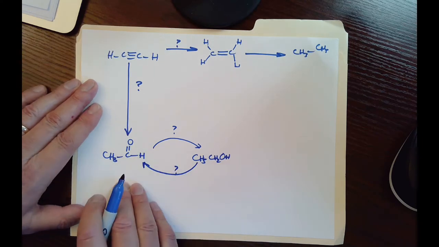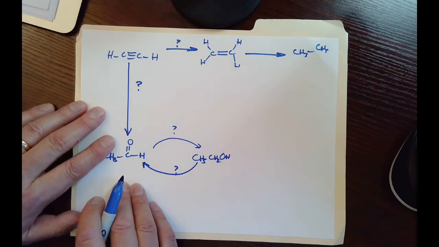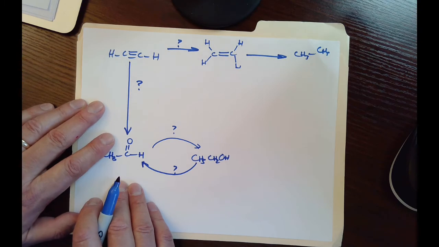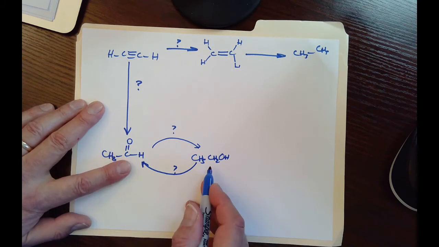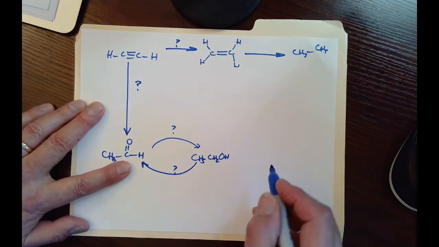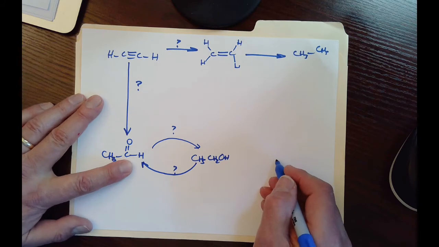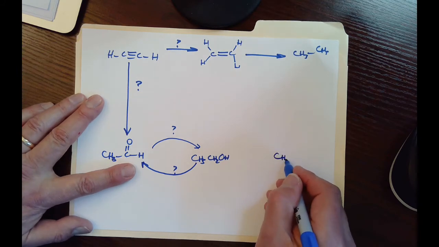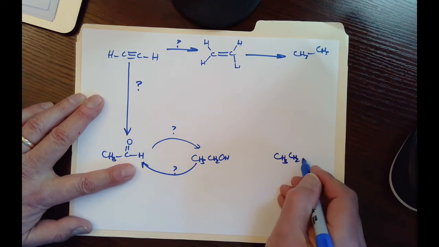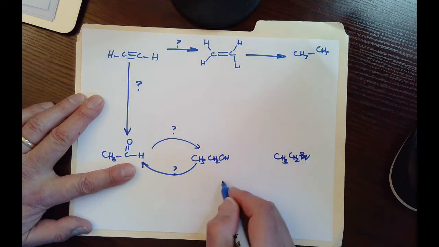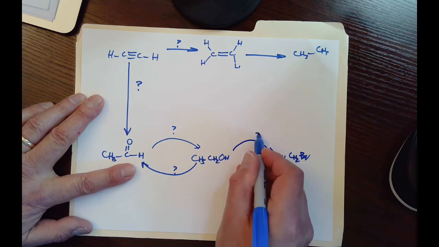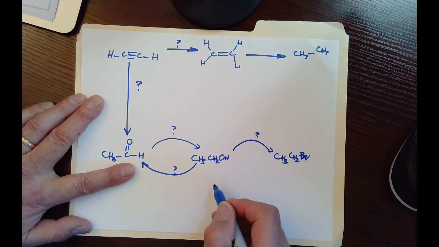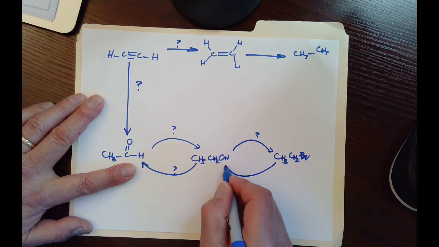So we need two sets of reagents here. Then I want to convert this ethanol now, right, to an alkyl halide. So that would be CH3CH2Br. So I want to go from here to here. And what should I do to go from this alkyl halide back to ethanol?